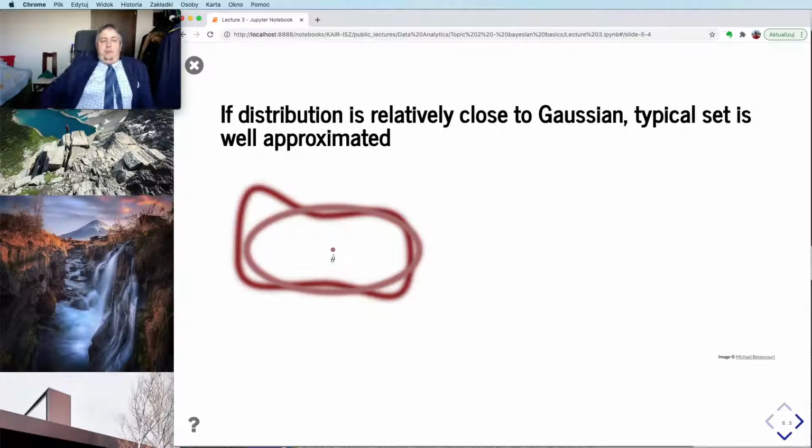Our Gaussian model will always have the typical set in the form of ellipses, so it will be okay. However, if our distribution is very non-Gaussian, which generally means that its second order Taylor approximation around the maximum will be of low quality, then unfortunately we won't be able to use this method efficiently.